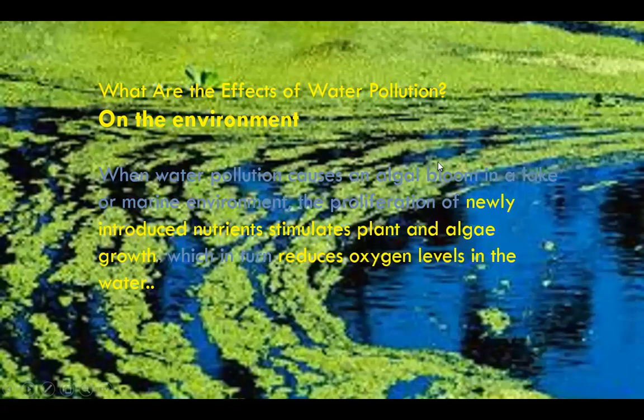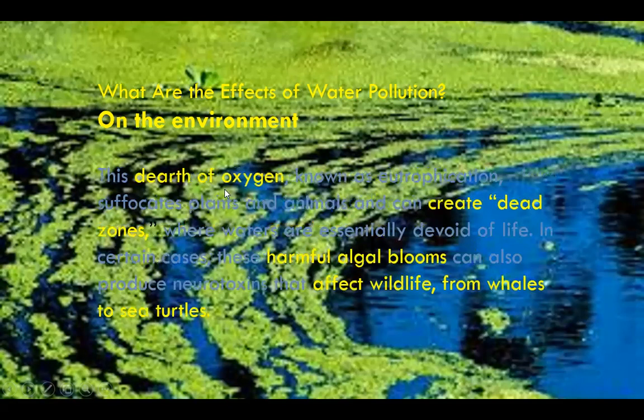When they bloom too much on the surface of water, oxygen levels reduce, causing a dearth of oxygen and creating what we call dead zones. Not only that, these harmful algal blooms also secrete deadly toxins that can kill wildlife.